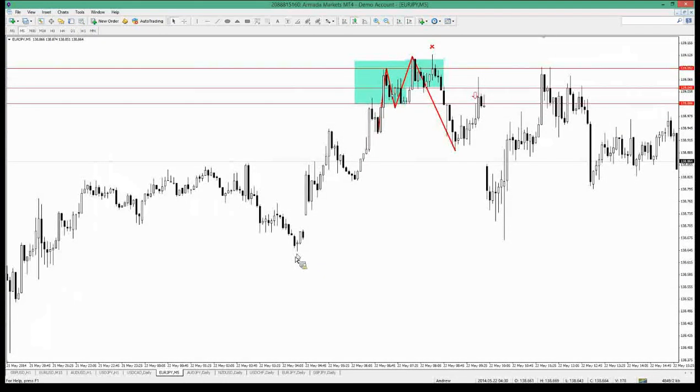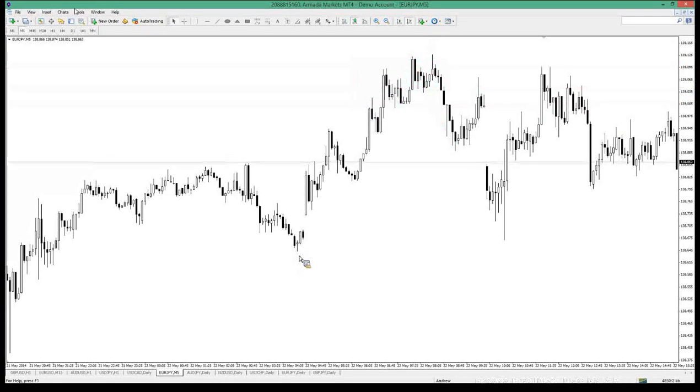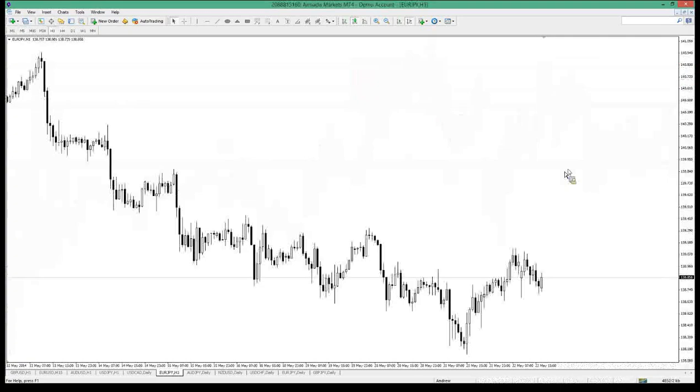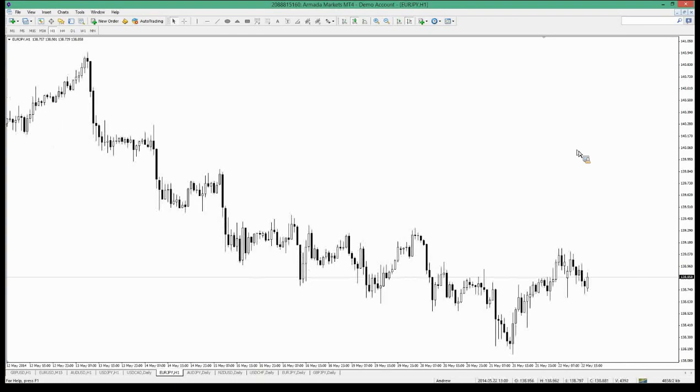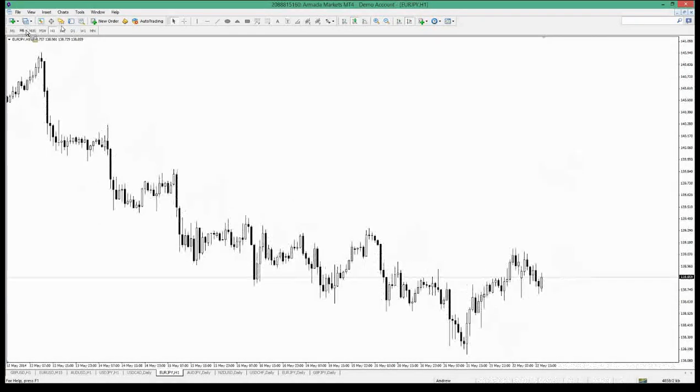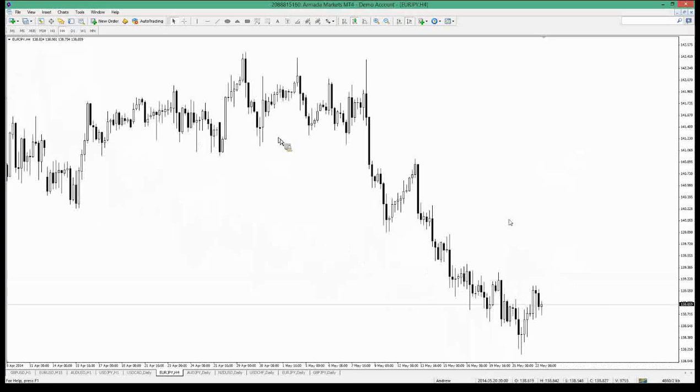So let's have a look at another example and see if we can find something that stands out. Let's just have a look at the 4-hour.